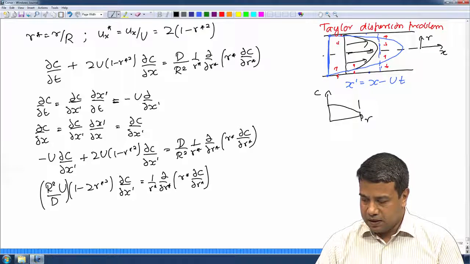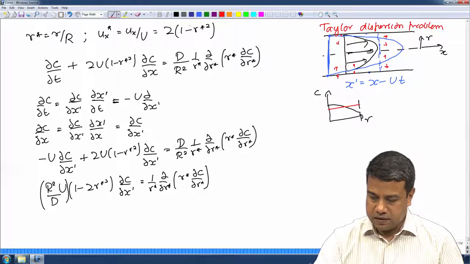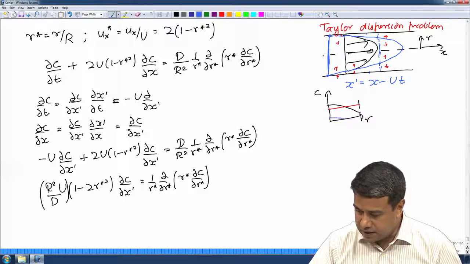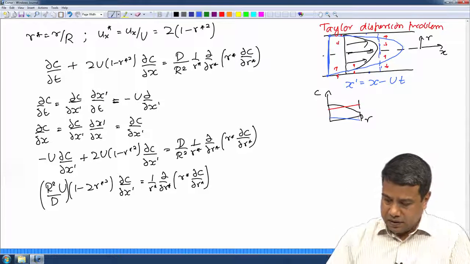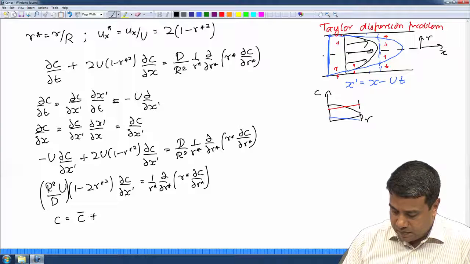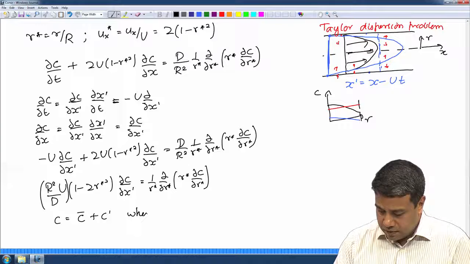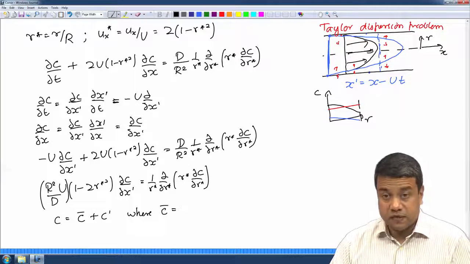I can write that as the sum of the average concentration plus a variation part. So, I will write the concentration as C bar plus C prime, where C bar is the average concentration.